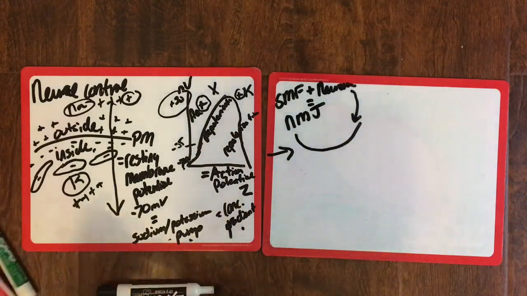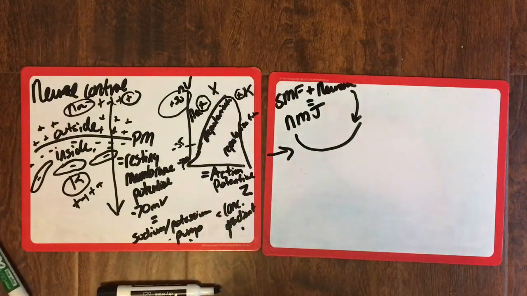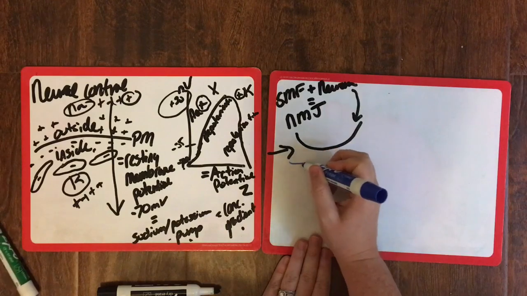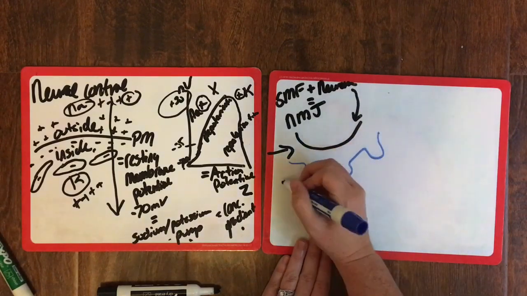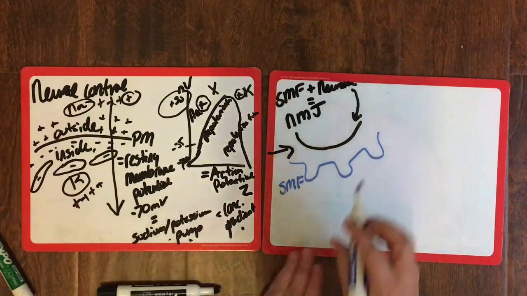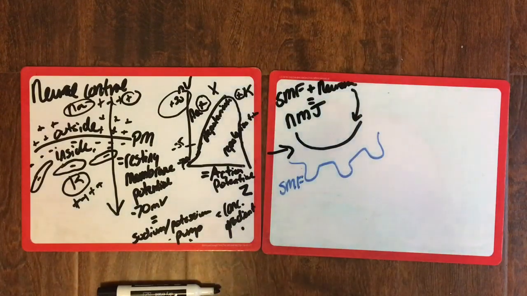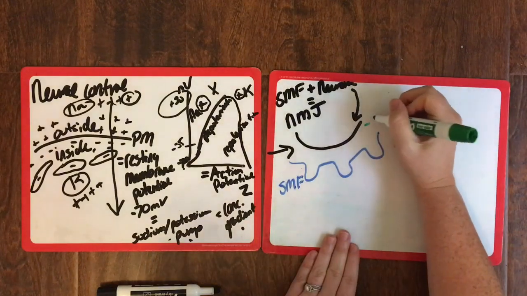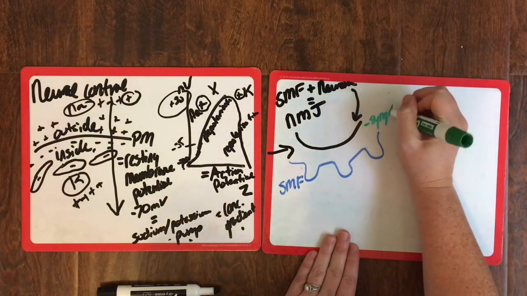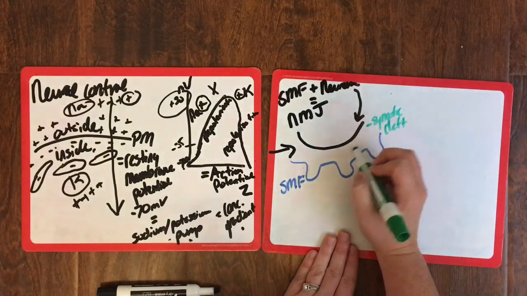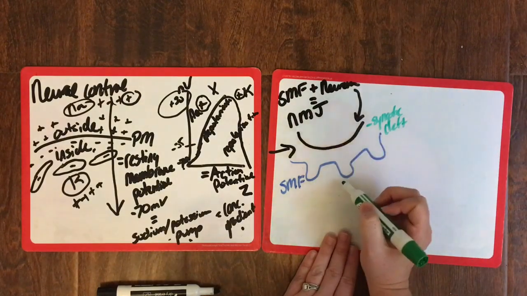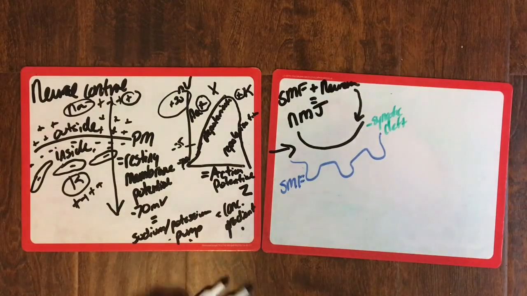And then let's do our skeletal muscle fiber in a different color. We're going to have our skeletal muscle fiber down here, okay? And in between is this space that we call the synaptic cleft. So this is the space in between the neuron and the skeletal muscle fiber. So it's where they meet, okay?